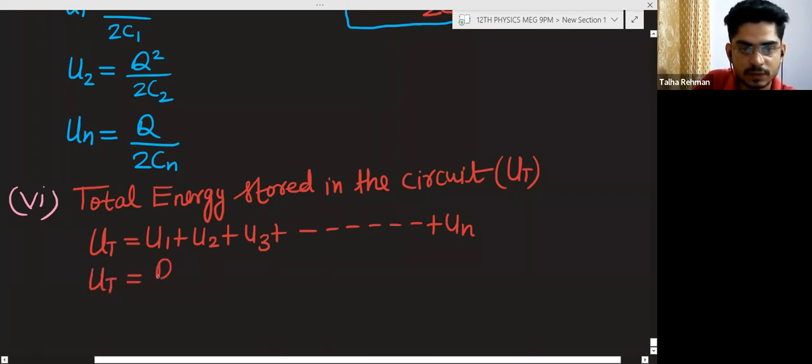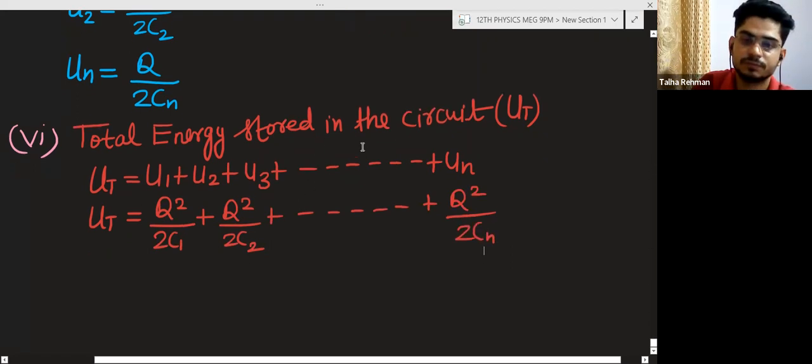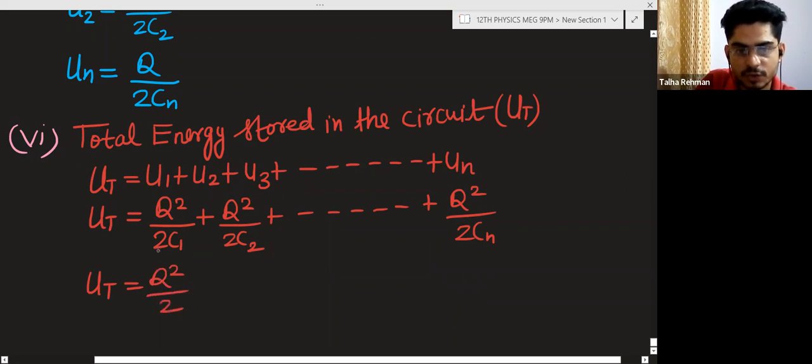U total is Q square divided by 2C1 plus Q square divided by 2C2 and so on, Q square divided by 2Cn. So in U total, what is common here? Q square by 2 is common.